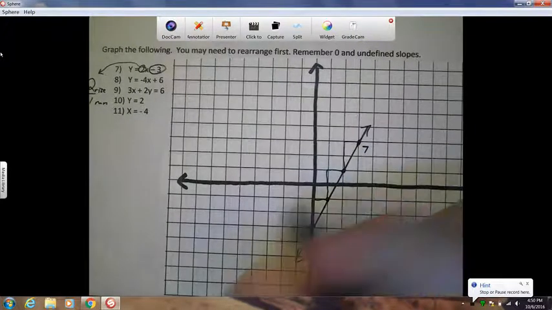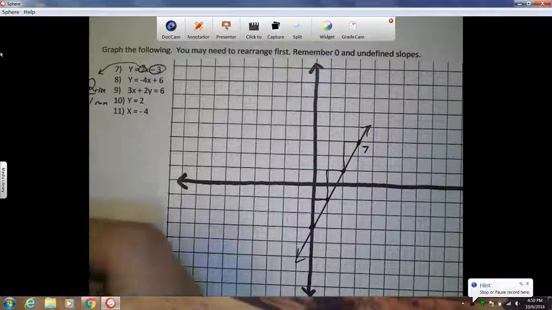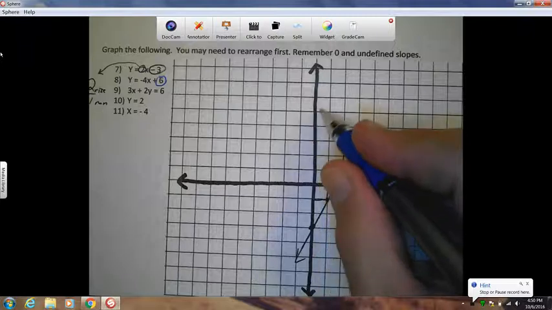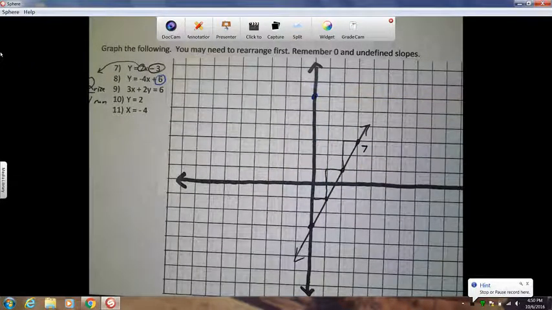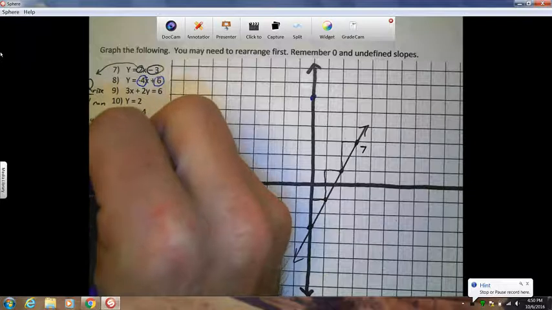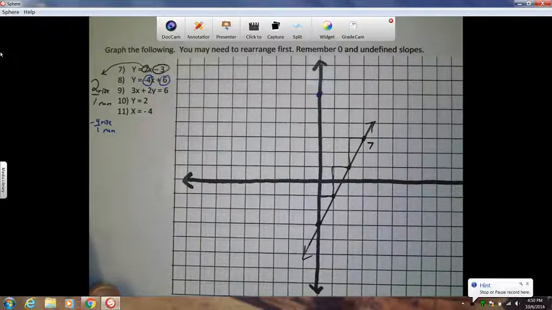Okay, for number 8, first thing I want to do is find your y-intercept. It's 6. So there's my first point. Next thing, I want to look at my slope. It's -4. It's not a fraction, so I'm going to put it in fraction form. It's -4 over 1.